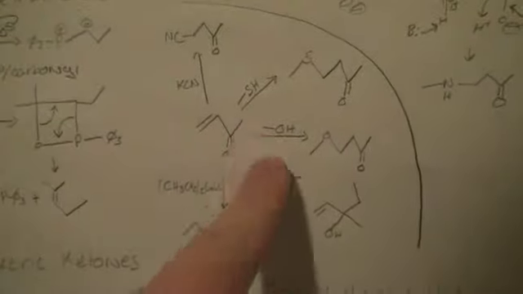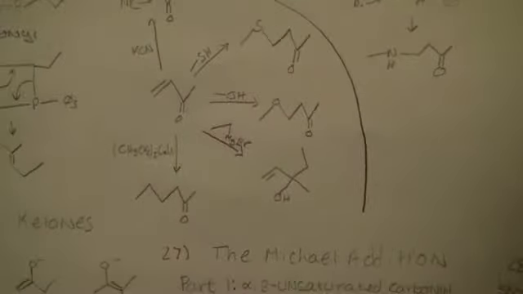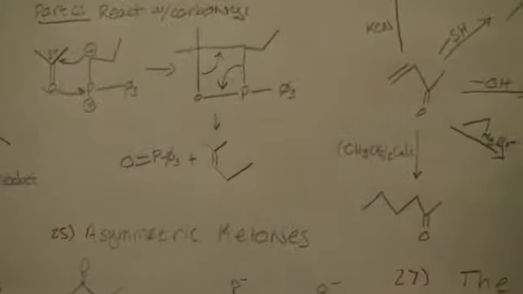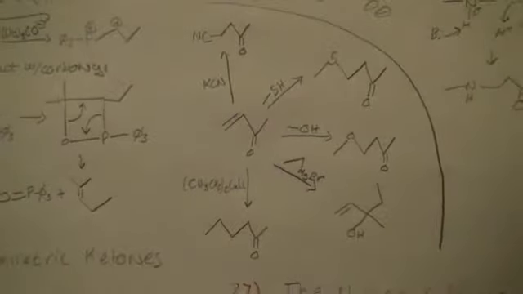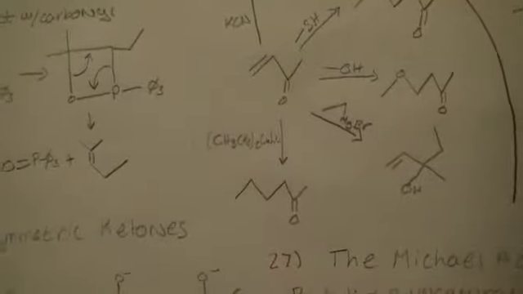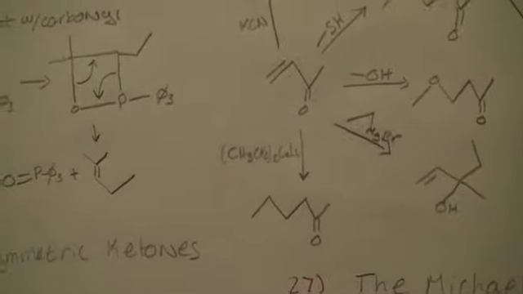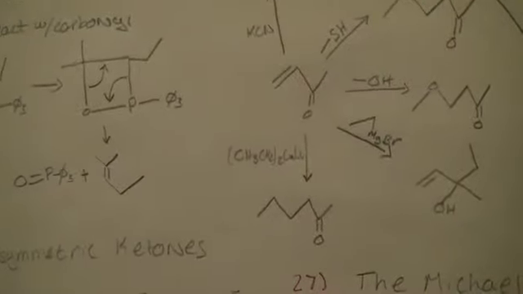It's the sort of exception to the rule that H- sources like NaBH4 attack the carbonyl carbon. But if you wanted to add an alkyl group to the beta carbon, you could use something like an organocuprate, (CH3CH2)2CuLi, and that would do what you wanted there.